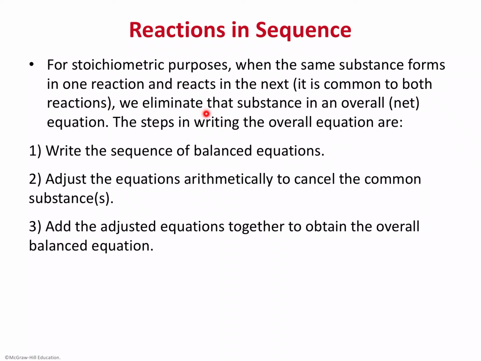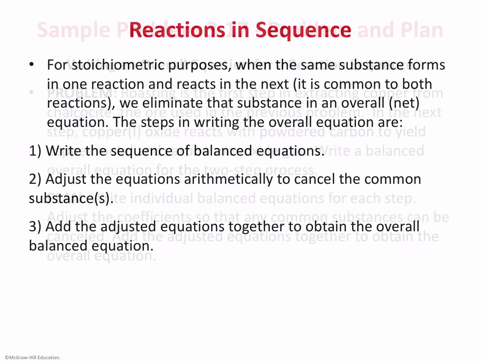We eliminate that substance in an overall, meaning net, equation. The steps in writing the overall equation are: write the sequence of balanced equations, then adjust the equations arithmetically to cancel the common substances, and add the adjusted equations together to obtain the overall balanced equation.